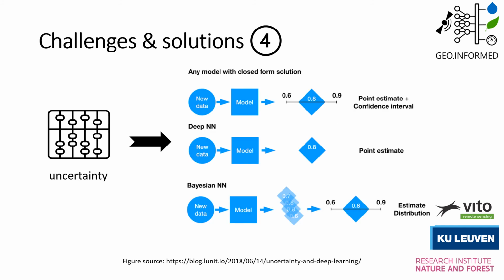And finally, if we want to build operational workflows for environmental policy, we need to ensure that the end users can understand and also quantify the uncertainties that are associated with our model outputs. Throughout this project, we will thus also work on the integration of Bayesian uncertainty estimation into deep learning models.